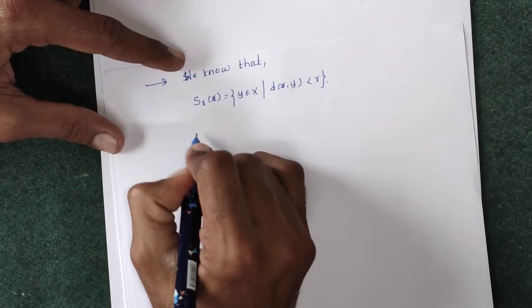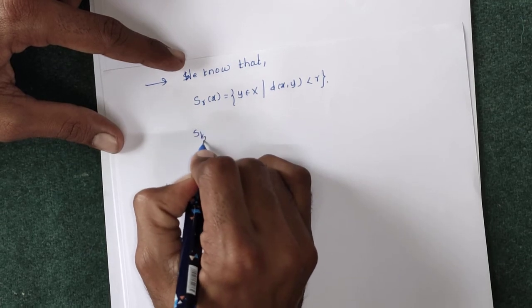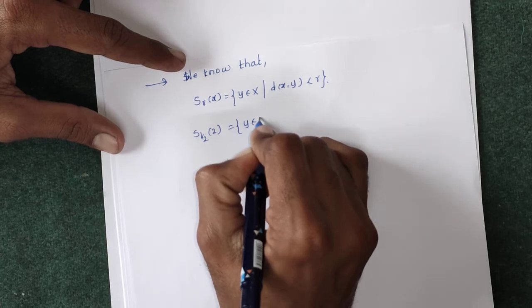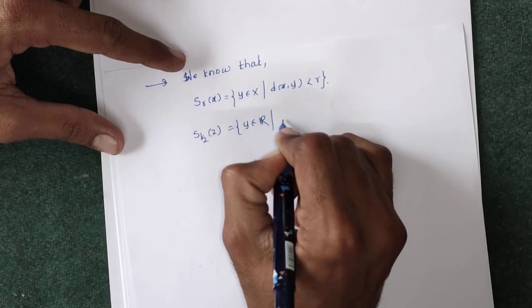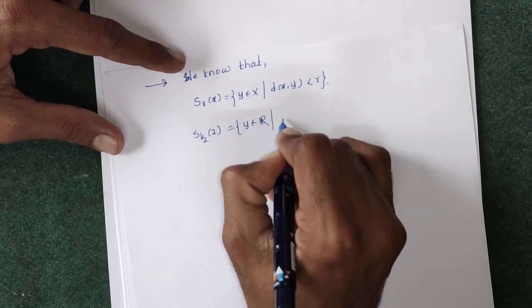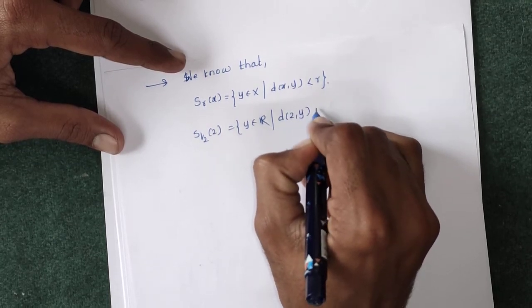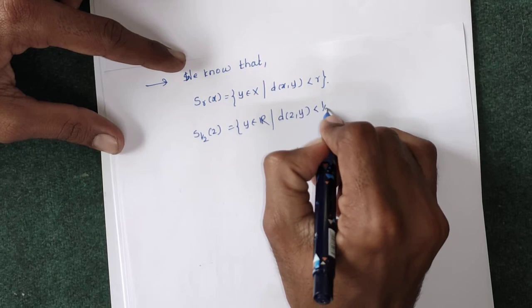Here we have to find S_{1/2}(2). So y belongs to X, where X is the real line, such that the distance of x and y, with x equal to 2, is less than r, and r is equal to 1 by 2.